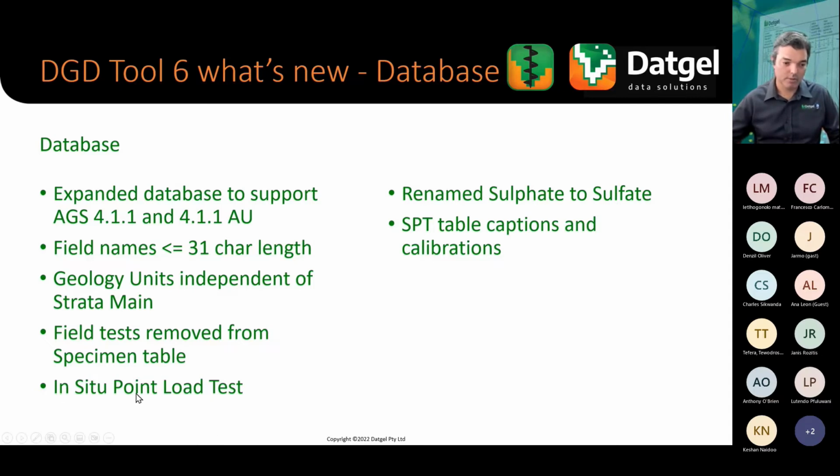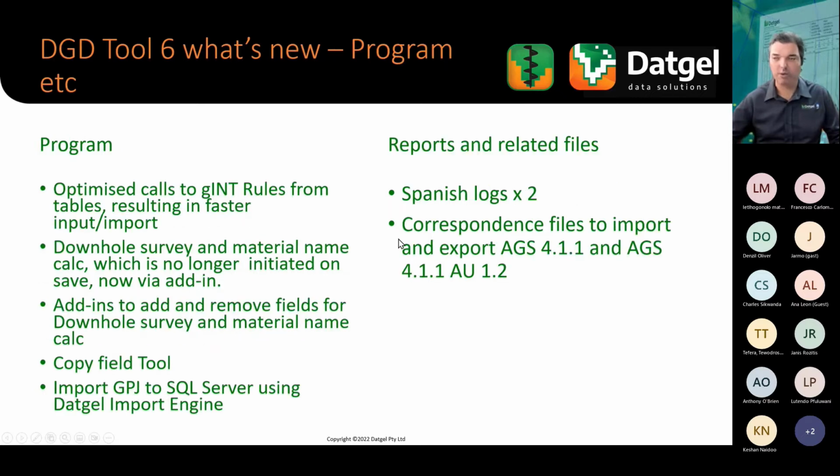We added a new group to support AGS AU for in situ point load tests, or field point load tests. We renamed everything to be Is-load with an F. And we've improved the SPT tables with the caption, which you just saw, and added all the calibration settings and energy ratios in there as well. I think it's to the point where it has what you need for energy ratios.